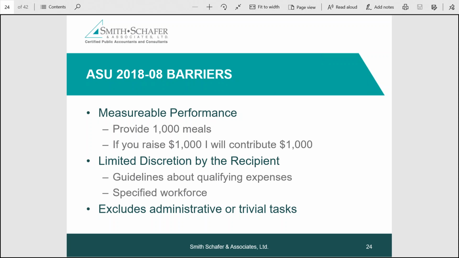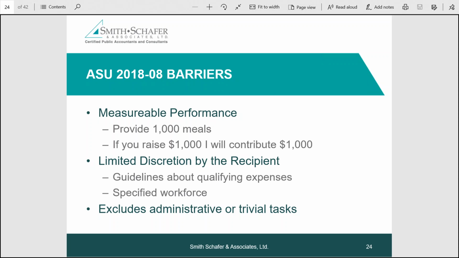Might also be a specified workforce. Maybe you have to hire a new person, and the new person has to have certain qualifications, or have certain abilities, and until you actually hire that person and have payroll for that person, you will not have the qualifying expense and will not be able to recognize revenue related to that grant until you have incurred those expenses.